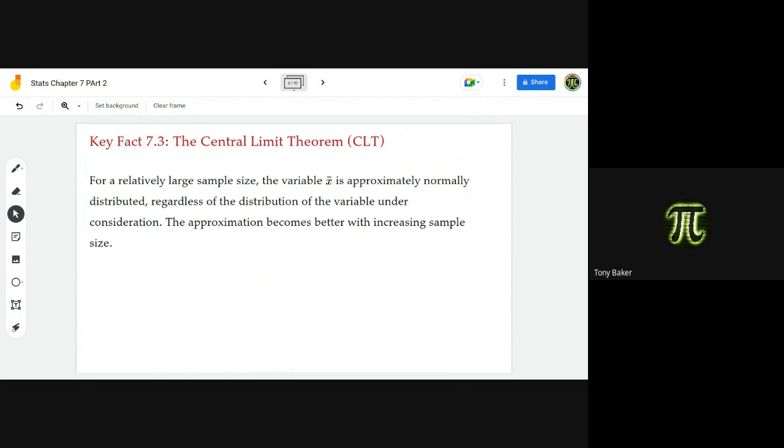But at 30, we can start assuming normal distribution. That's important because that allows everything else that we've been talking about to work. That's where the z-score comes in. That's where the bell curve comes in. That's where the average, the 68, 95, 99.7 comes into play. That's all in normally distributed. If we don't have a normal distribution, none of that stuff works. So what they actually showed was that anything over 30, all that stuff works.